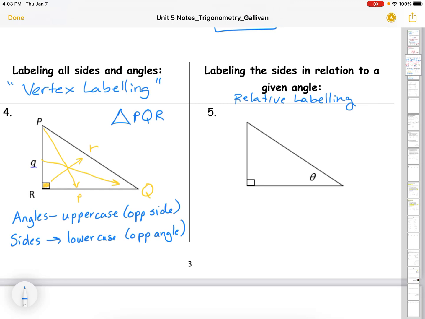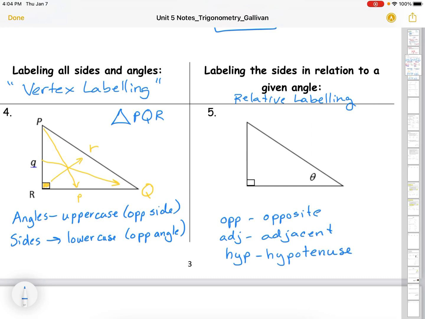That's where we've got our three sides: opposite, adjacent, and hypotenuse. I'm just going to use OPP, ADJ, and HYP. So this is for opposite. This is for adjacent. And this is for hypotenuse.